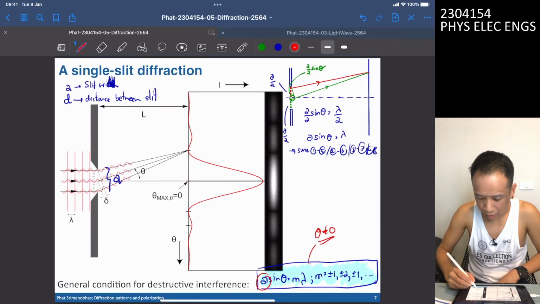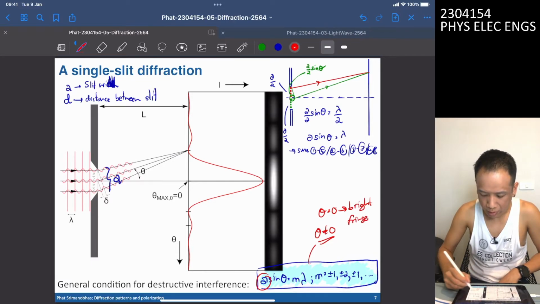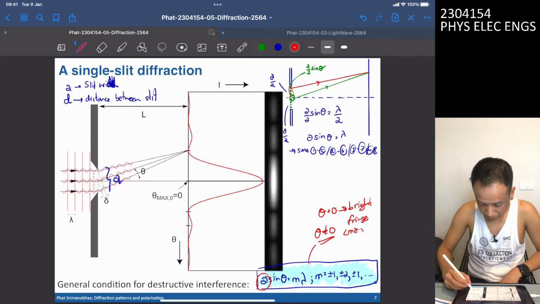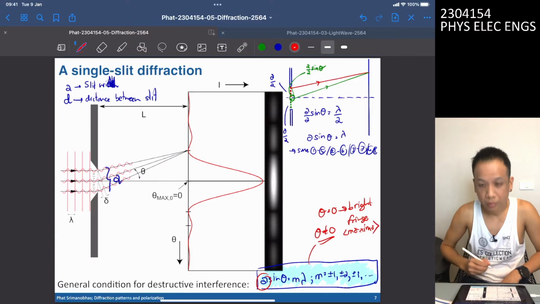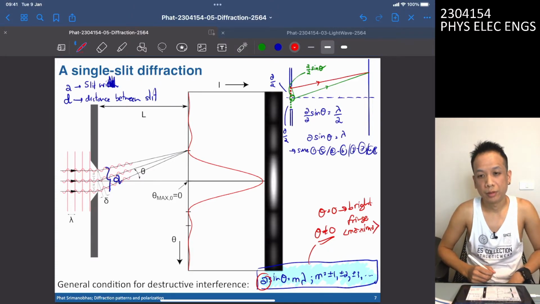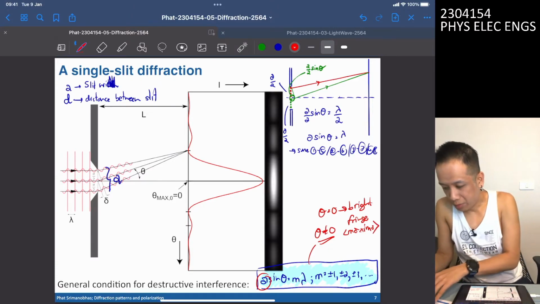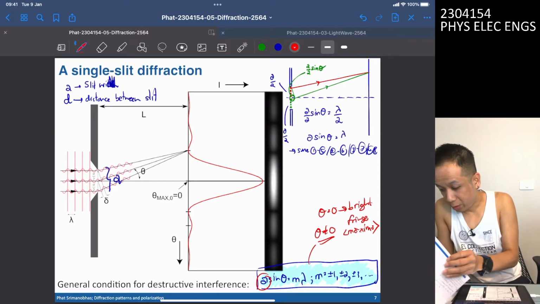Theta equal to 0 is the central bright fringe, or the maxima. So this is the single slit.